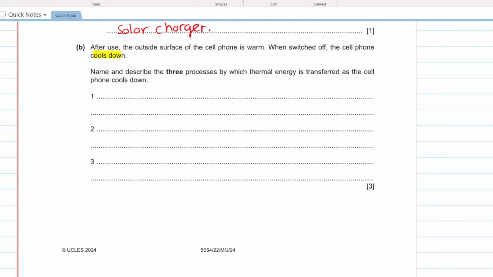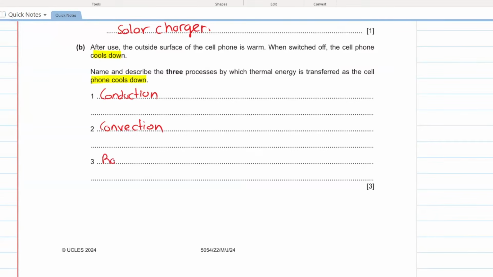Now, name and describe the three processes by which thermal energy is transferred as the cell phone cools down. बेटा सेल फोन जैसे ही कूल डाउन हो रहा है, what are the three types of energy transfers? देखो अगर आप होशियार हो ना तो आपको पता होगा कि there are only three types of energy transfer that we have studied. What are those three types of energy transfer that we have studied? Conduction, convection and radiation.